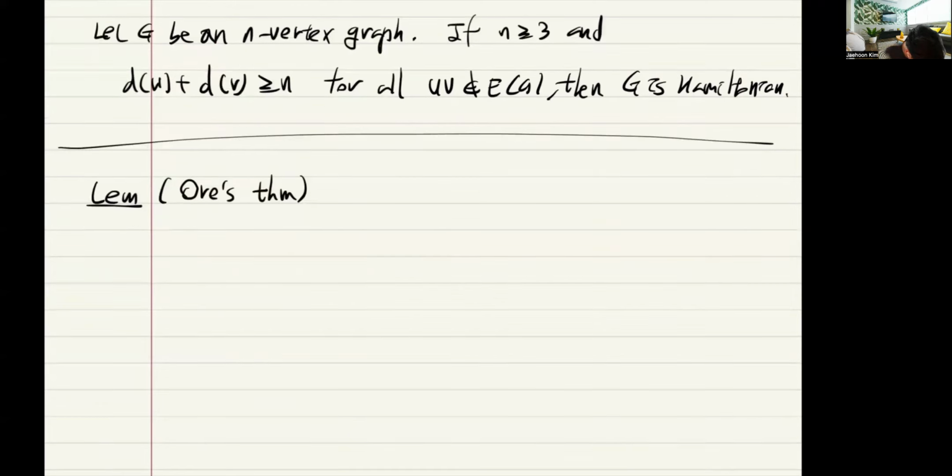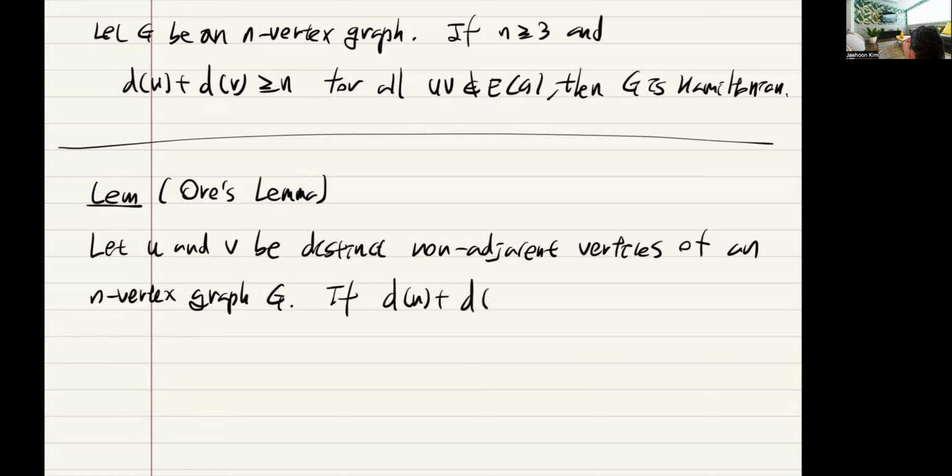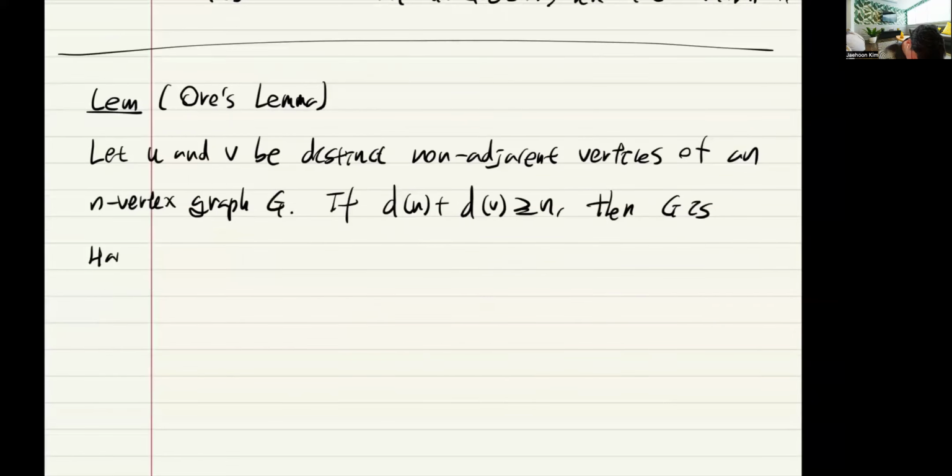Ore's lemma. Let u and v be distinct, non-adjacent vertices in an n vertex graph G. And if the degree of u plus the degree of v is at least n, then we show that G is Hamiltonian if and only if G plus uv is Hamiltonian.